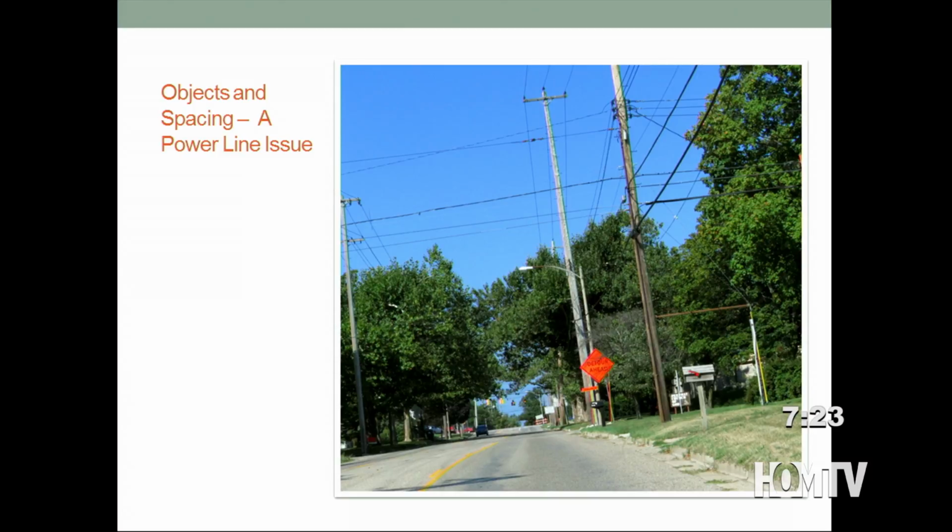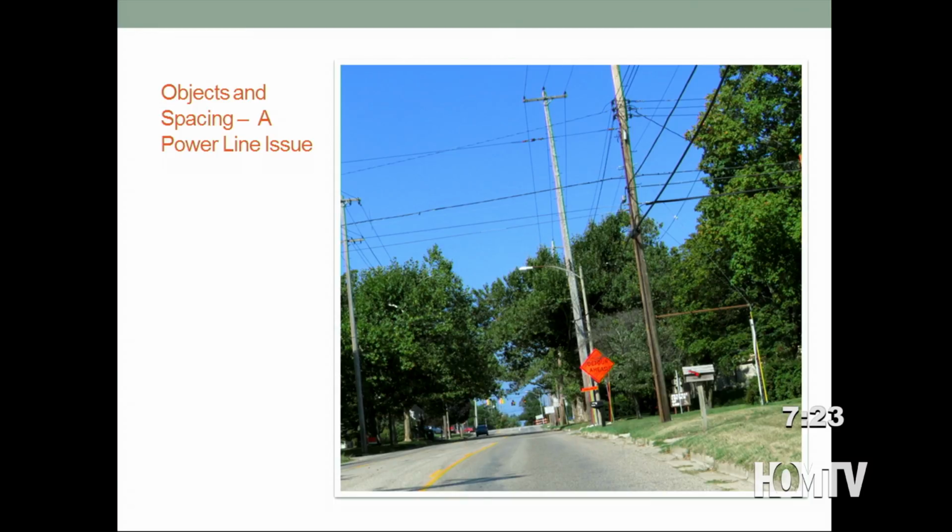And they wrote back to me and said, "You're right, we will redraw that to more accurately represent what we're trying to convey." So in this case, you can see those gigantic power poles.